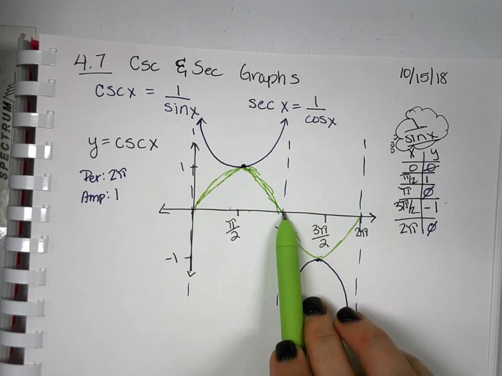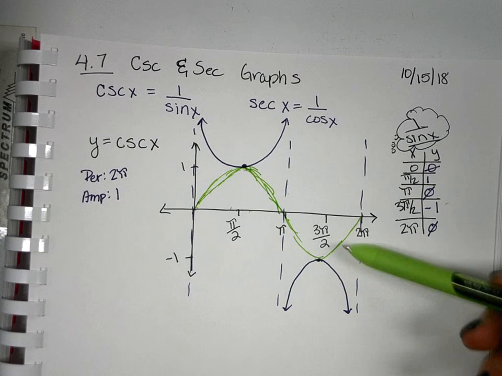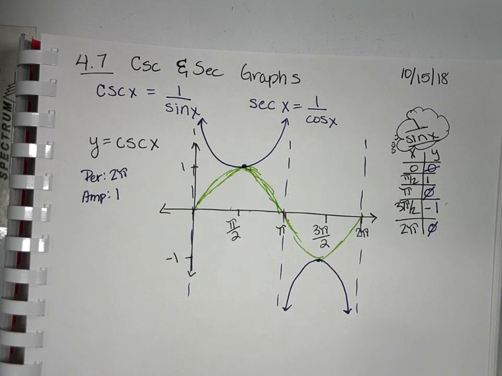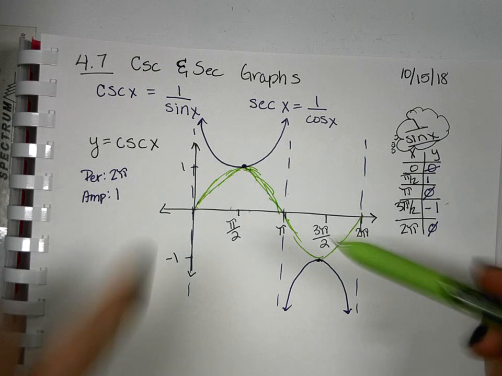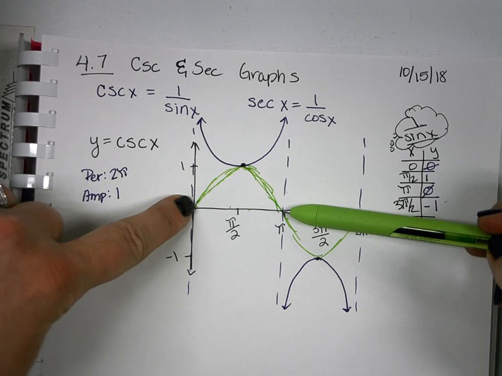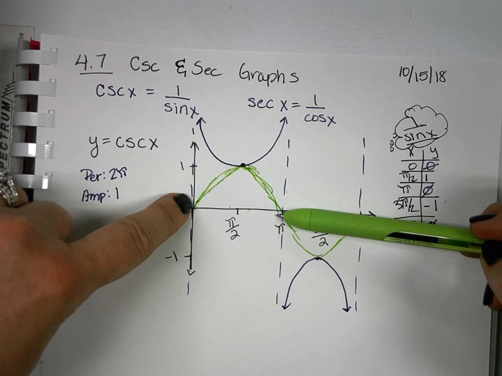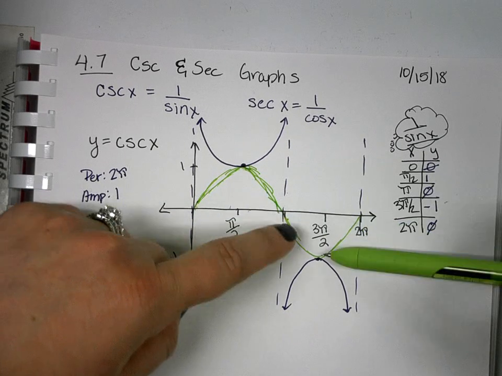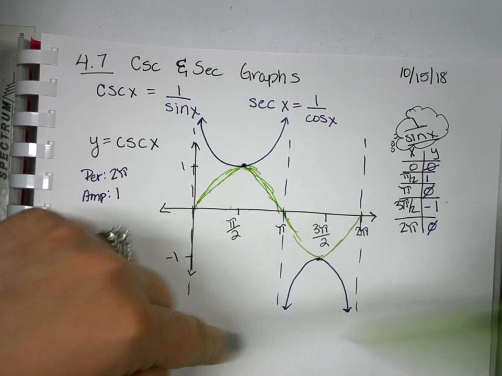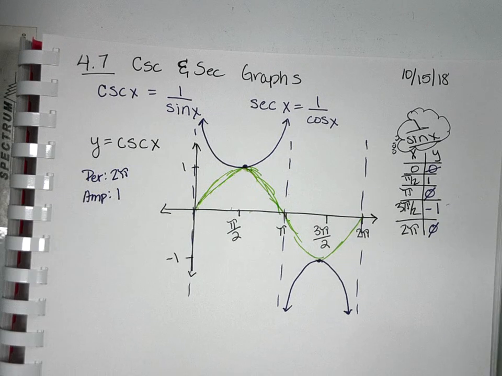Then from this pi to 2 pi, you're flipping it to go into the negative infinity direction. So your cosecant, or your reciprocal, is just taking between zeros, or between where it crosses your axis, and flipping it and turning the zeros into asymptotes. Okay, so this is what your cosecant will look like.